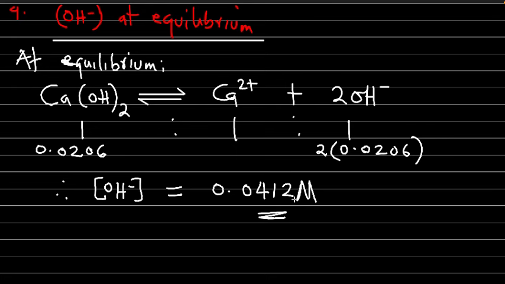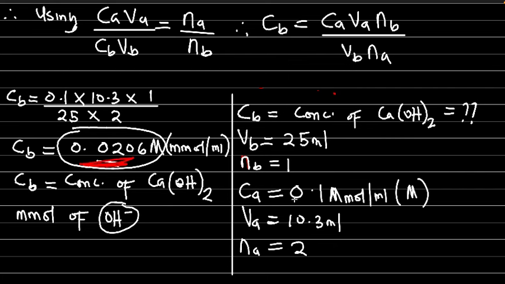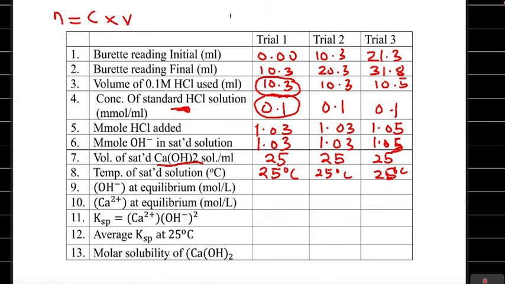Remember, I told us that if you want to solve for your concentration of calcium hydroxide, the only difference in the trials is just the volume of the acid that you're going to make use of. For trial 1, the volume of the acid is 10.3. So when you're solving for CB for the first trial, the volume of acid you made use of is 10.3. Since the volume of the acid in the first and second trial is the same, these two guys will obviously be the same.